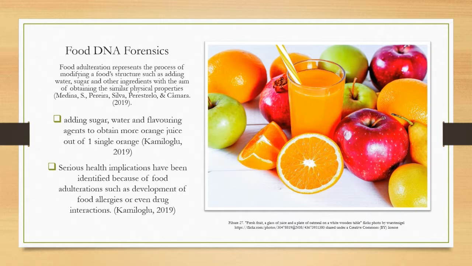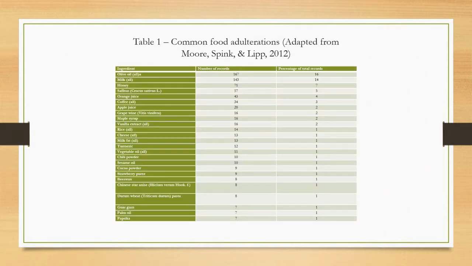And there have been some serious health implications identified because of food adulteration, such as development of food allergies. I'm sure you know one of your friends that has developed food allergies, and this could be because of this, or even something more serious, drug interactions. So food forensics nowadays is looking into identifying these types of foods appropriately, and it's quite an important subject.